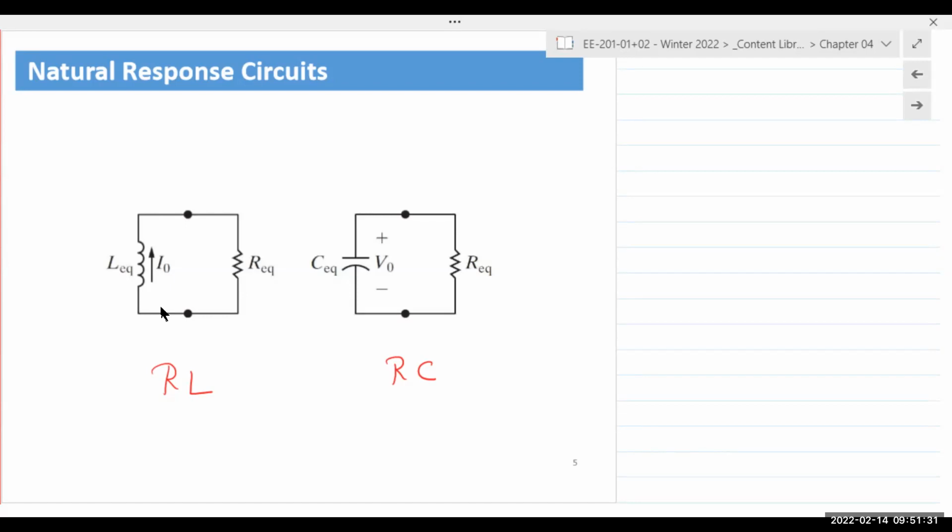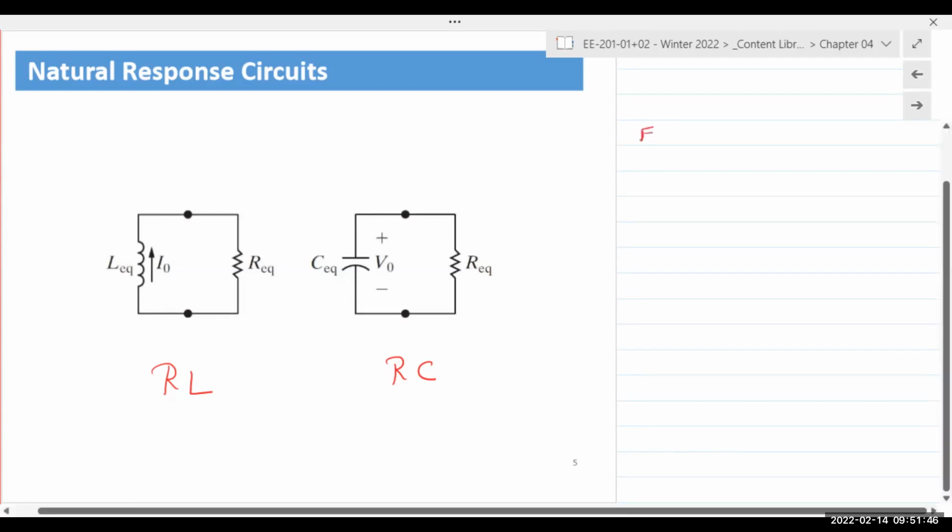But schematically, if it is possible to reduce it down to one single equivalent component, then it is still a first order circuit. Okay, so the EQ, which stands for equivalent, one single component schematically.